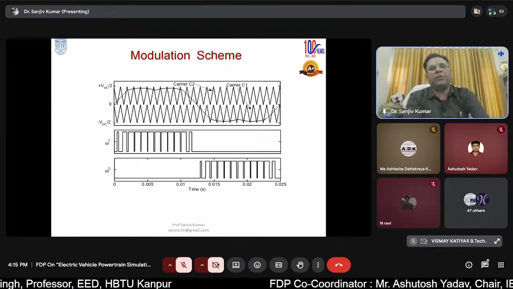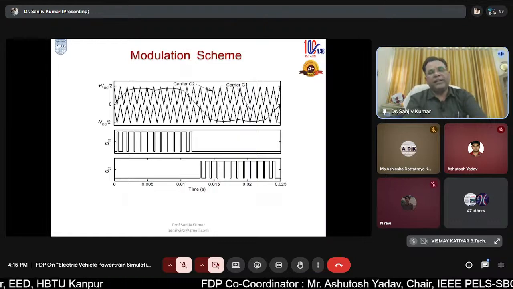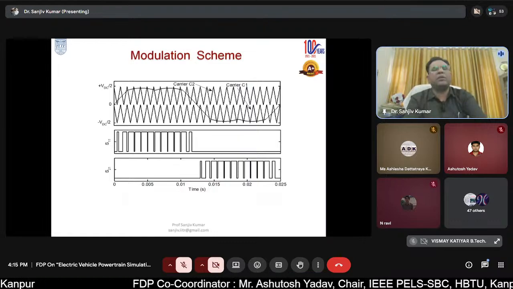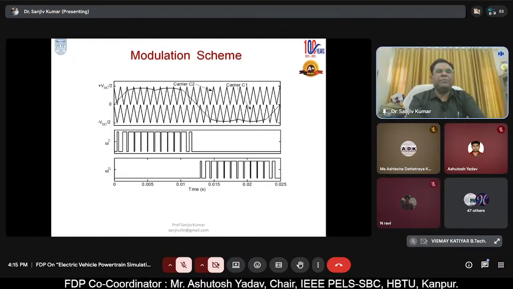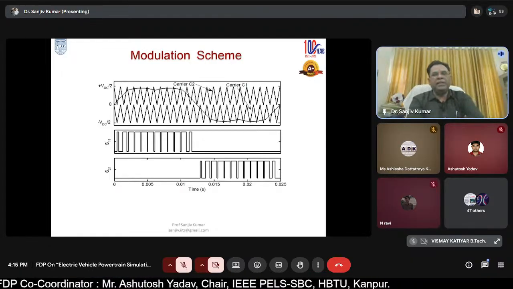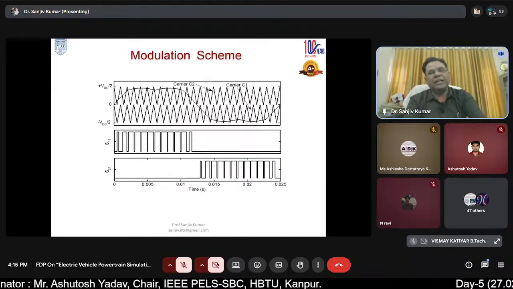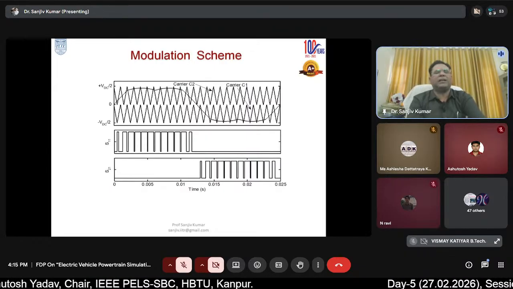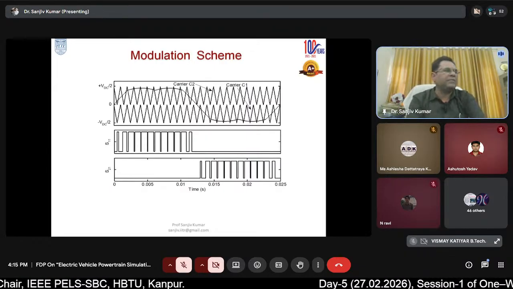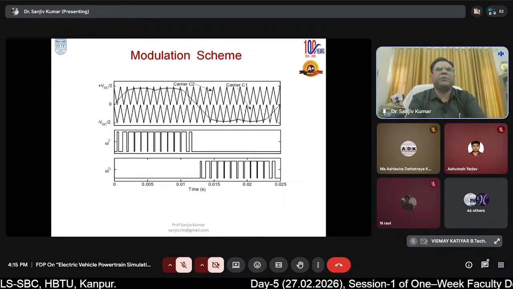And if we talk about the modulation scheme, here we have used the sinusoidal-based space vector modulation. See what we try to do: we get the space vector performance. Why are we interested in space vector modulation?